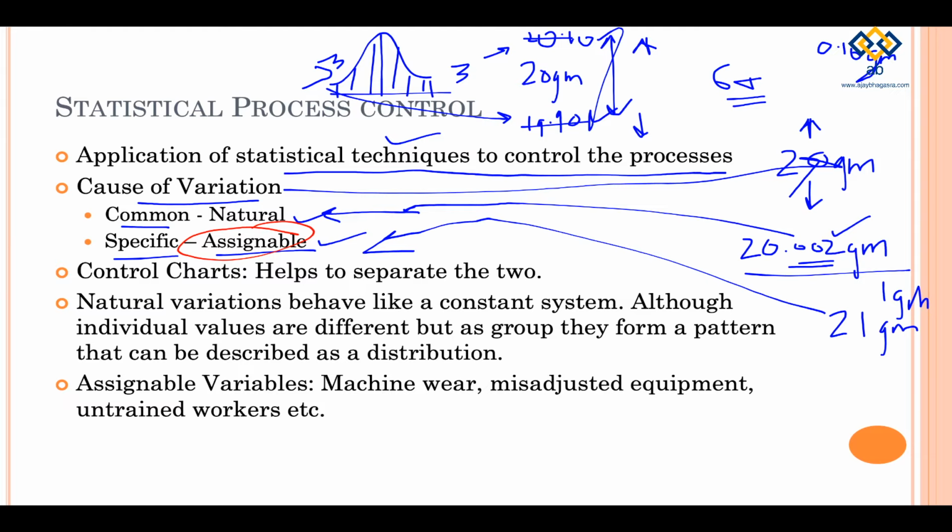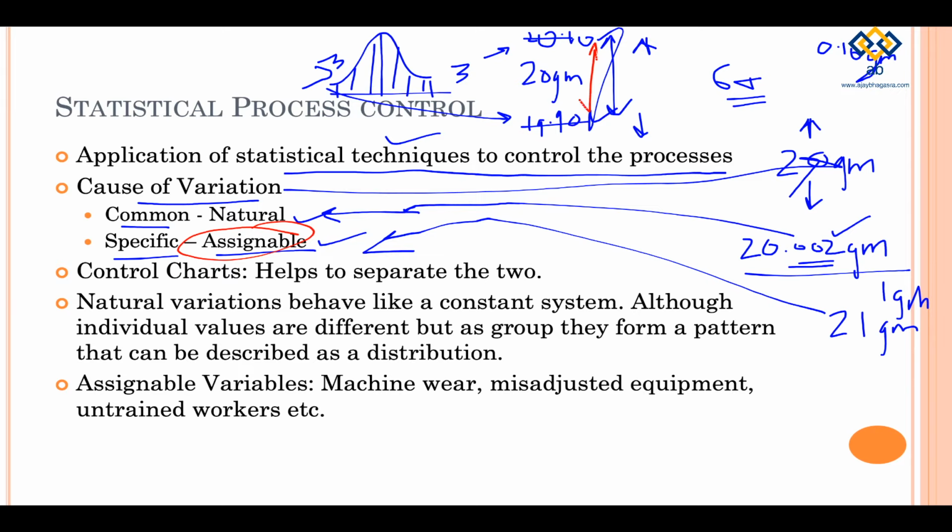99.73% accuracy we are talking about. Which means that Six Sigma will guarantee up to the extent of 99.73% that the packets going out of this factory, if this factory is following Six Sigma, would have a weight between these two ranges.